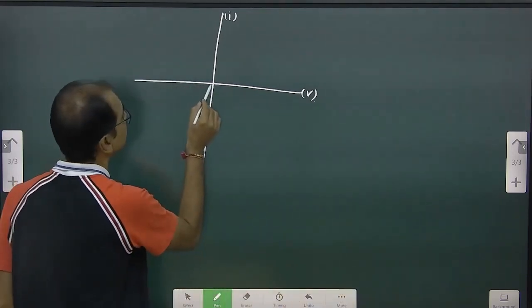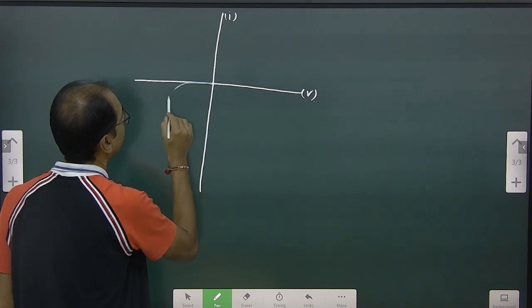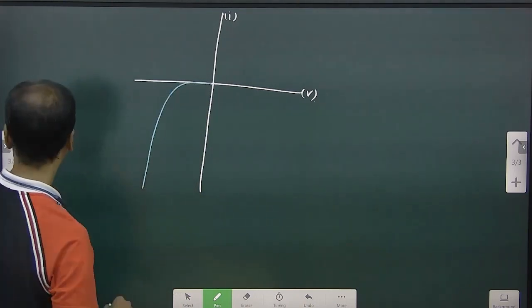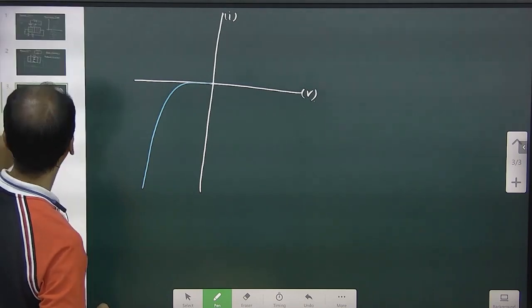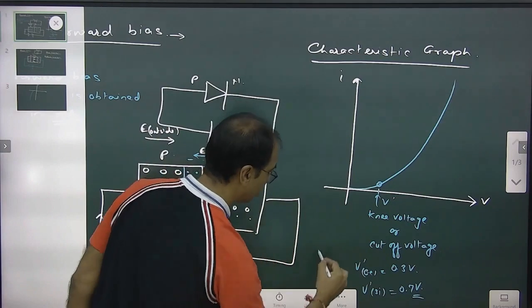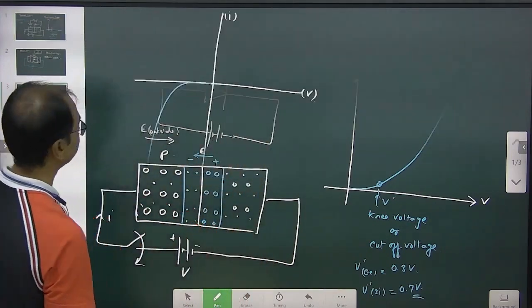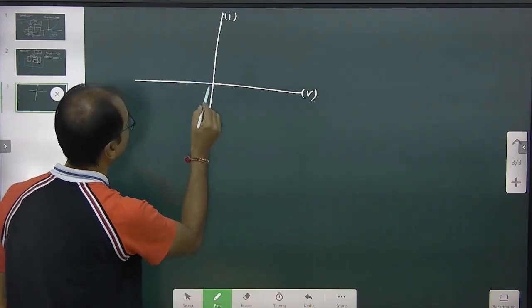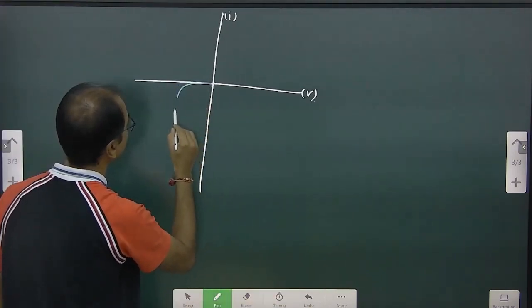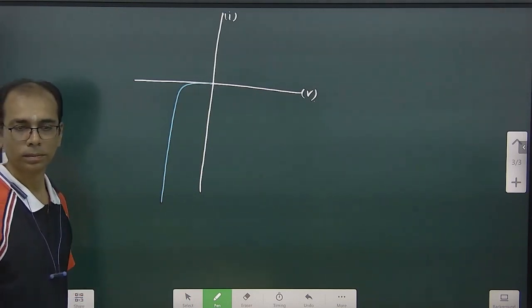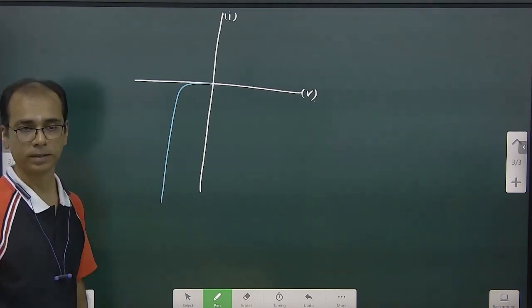It's like this, almost straight. Forward bias, if you go back and see, is like this, but this is almost straight. Okay, this is reverse bias current.